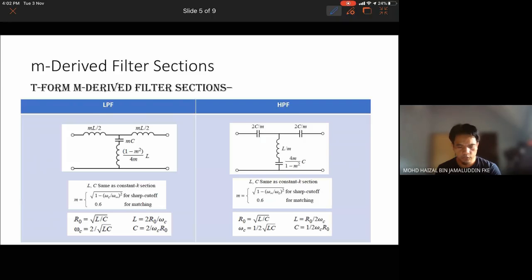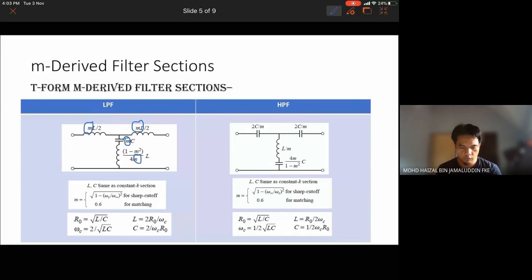Okay, for the low pass filter here, it uses the parallel branch, which has both inductor and capacitor, and all of them have some value of m. That's why we call it an m-Derived filter section.